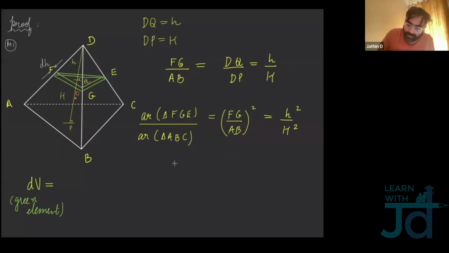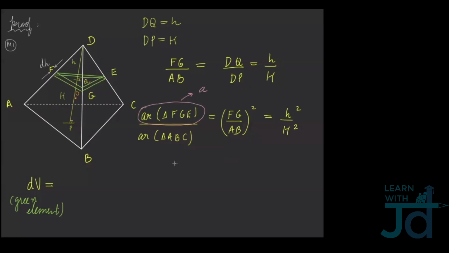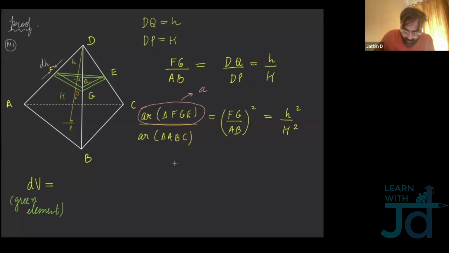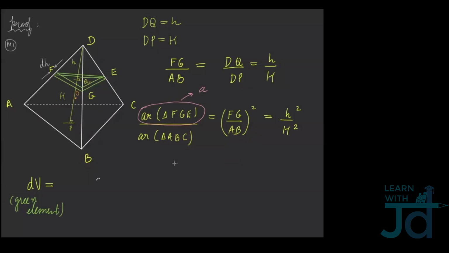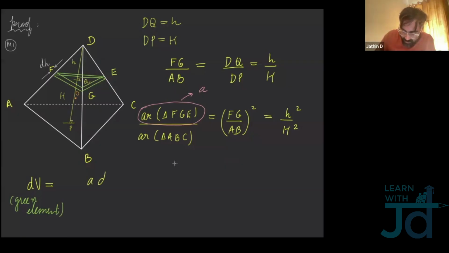So let the area of this be small a. Then the volume will be a into dh.